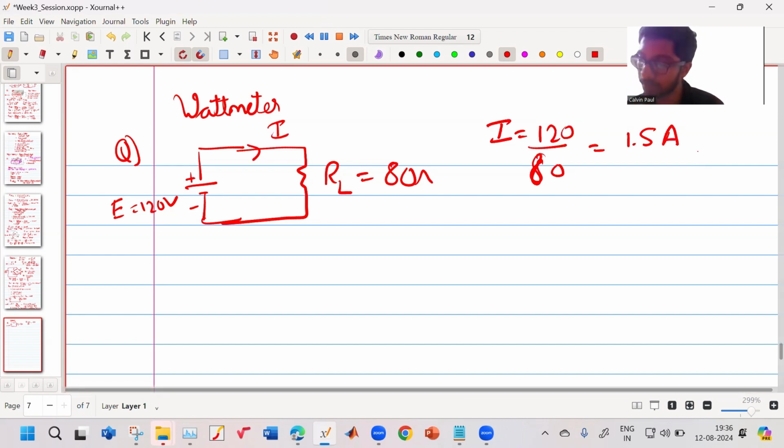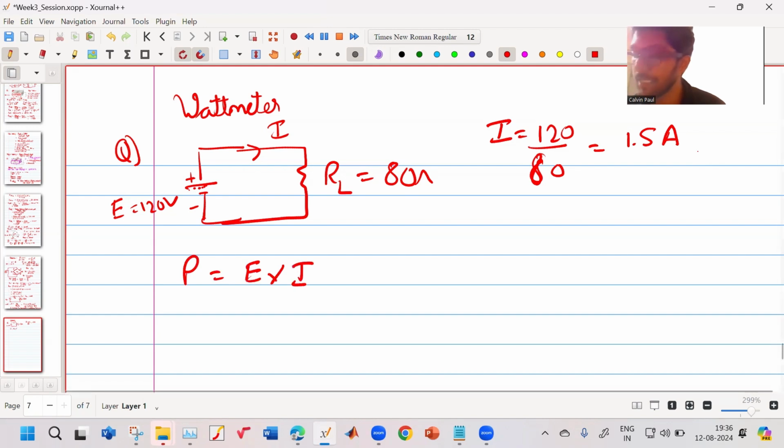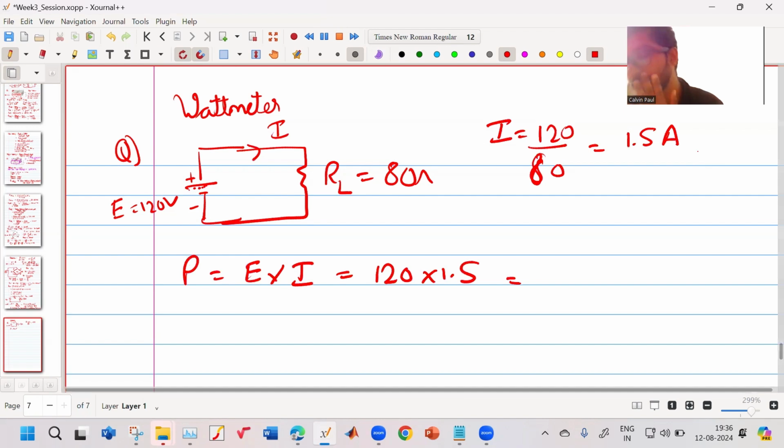So the power delivered by the source is the voltage into the current. That is 120 into 1.5. And how much is that? That is actually 180 watt. Okay.